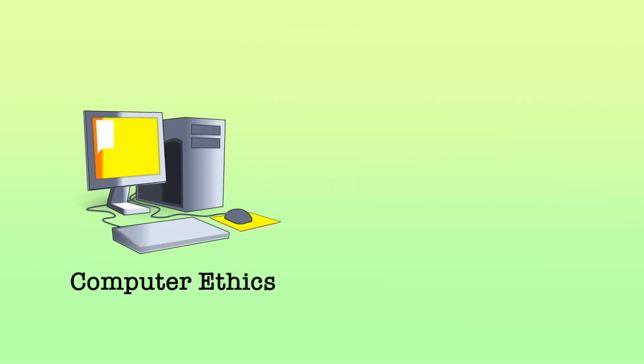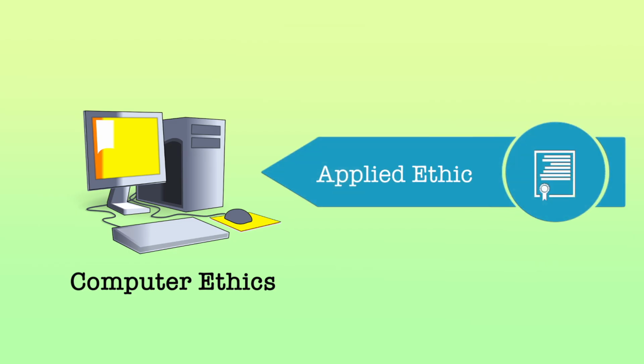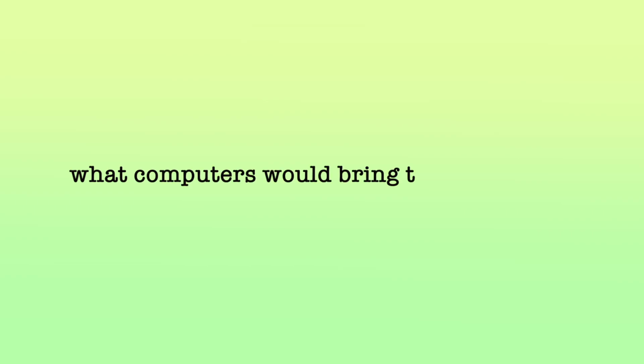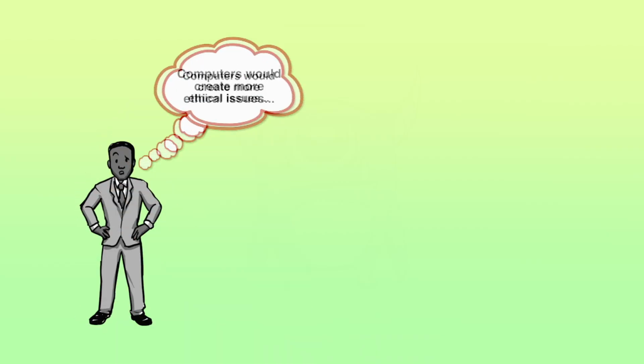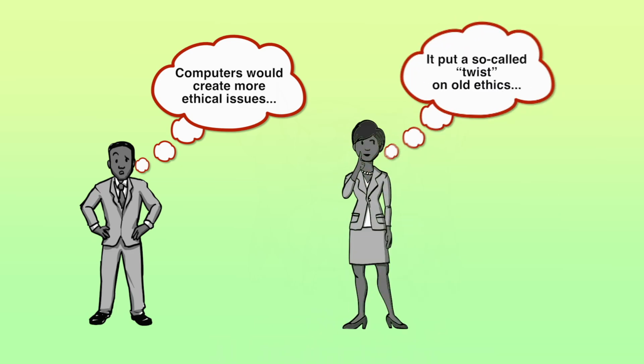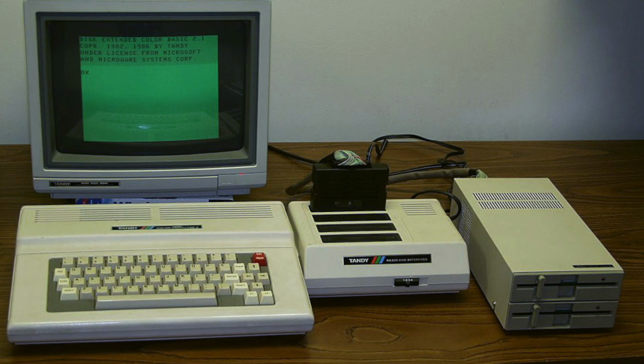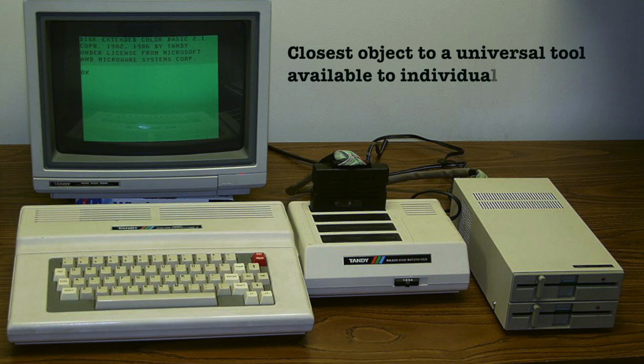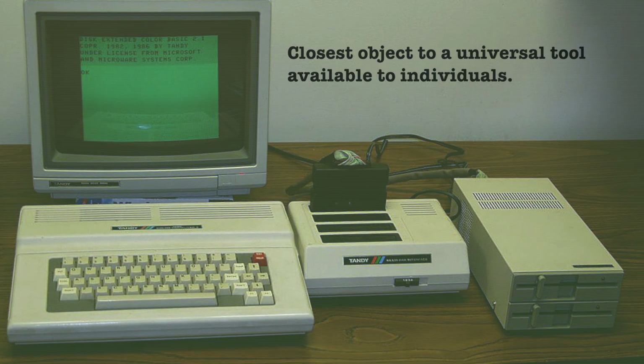When the field was first discovered in the 1970s, applied ethics was used to describe the new concept. At that time, there was much controversy over what computers would bring to society. Some thought that computers would create more ethical issues, whereas others thought it put a so-called twist on old ethics. In the 1980s, the computer was thought to be the closest object to a universal tool available to individuals.